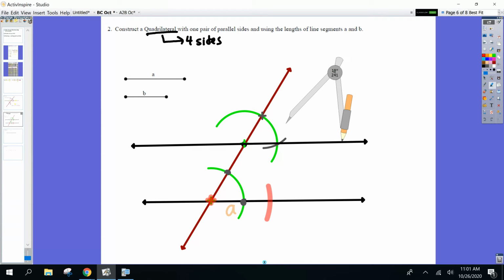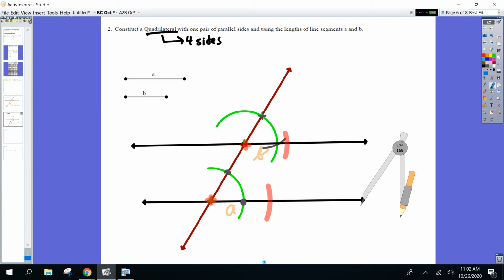Then I'll go and measure B. And I'll put that on the top parallel line on this side of the transversal. Just make an arc mark right there. And that's got length B here.